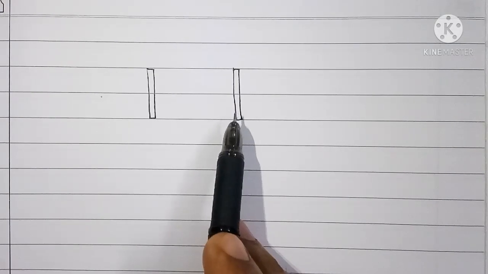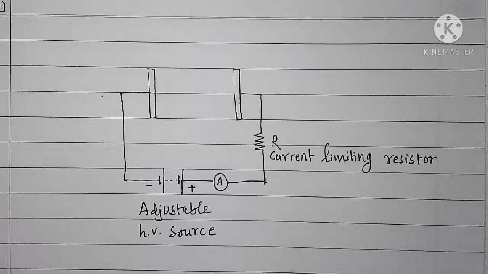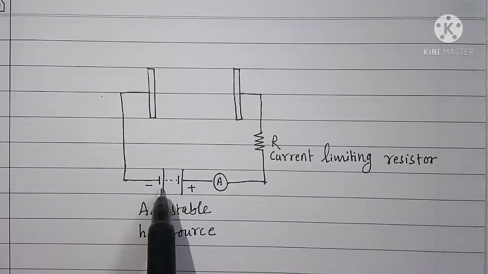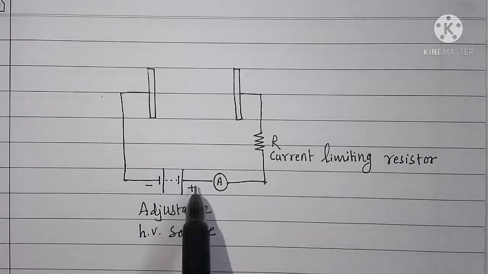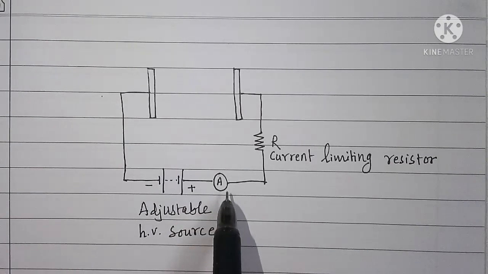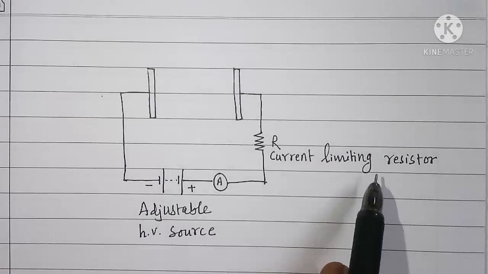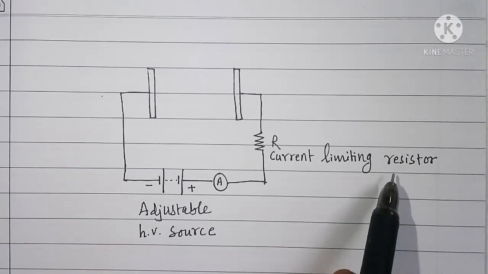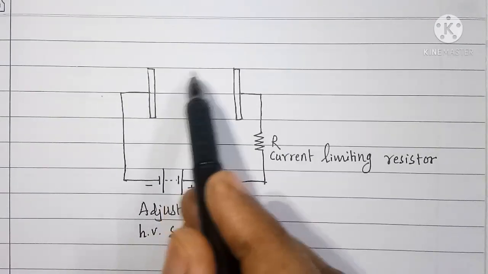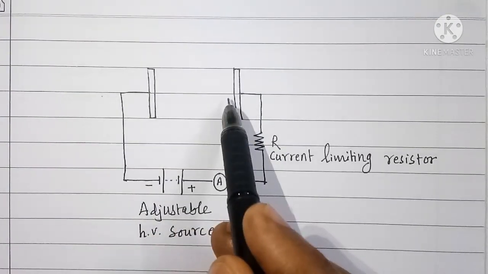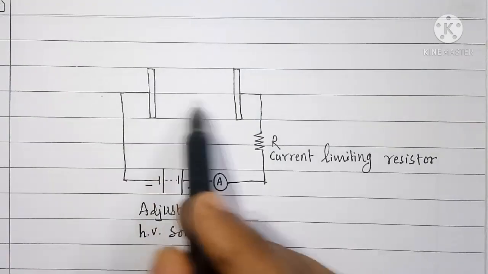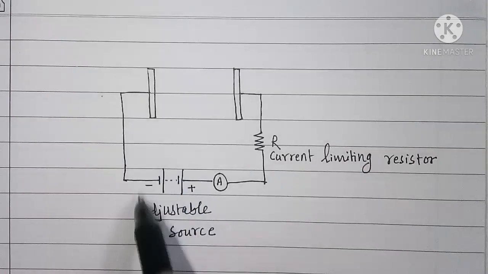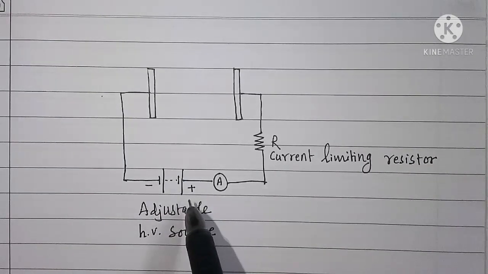Here you can see the two electrodes. Now the two electrodes are connected to the adjustable HV source terminals through an ammeter and a current limiting resistor. Current limiting resistor here is essential because if the gas medium between two electrodes breaks down electrically, a heavy current will be flowing through the circuit and the HV source will be heavily loaded.